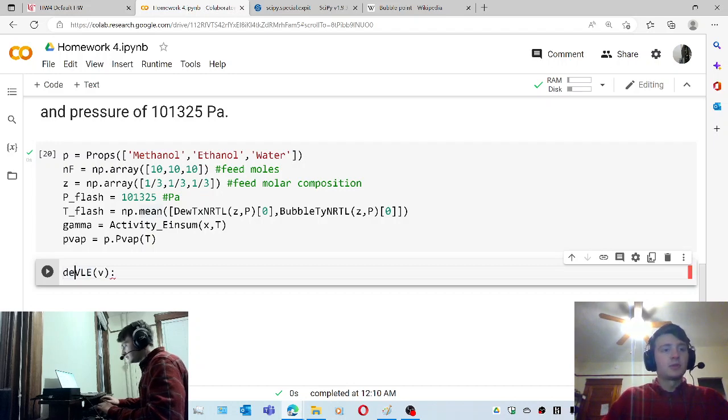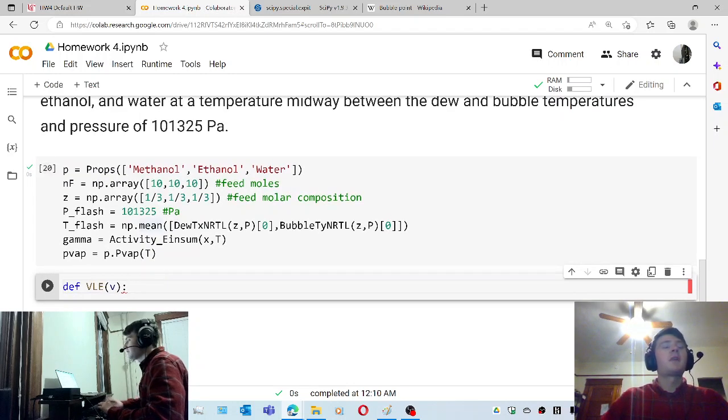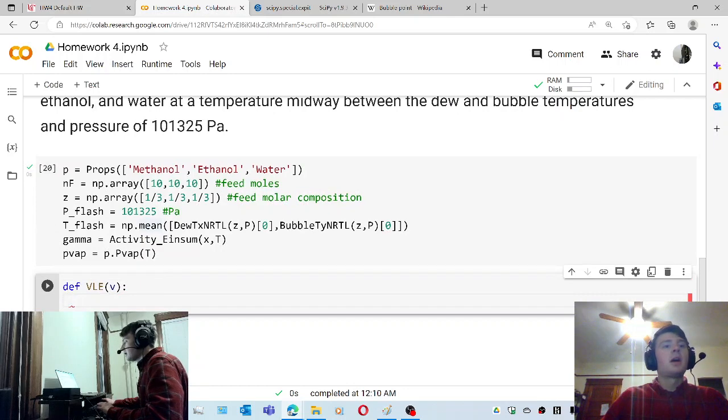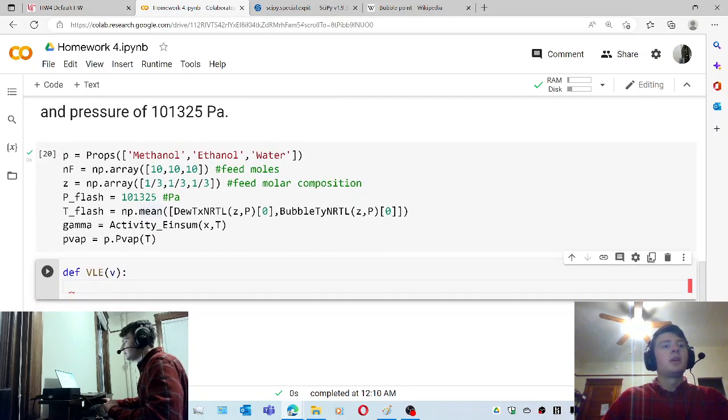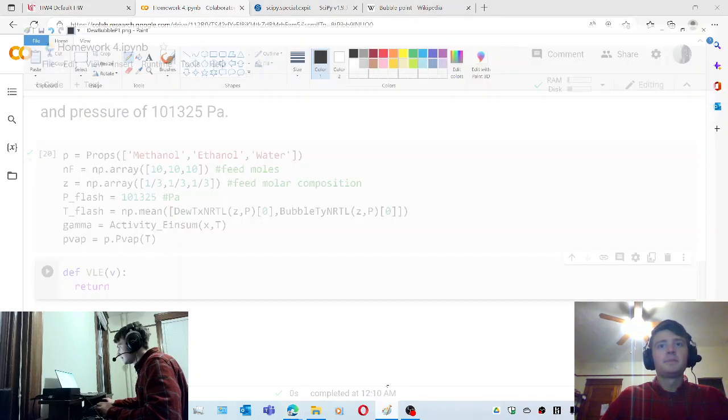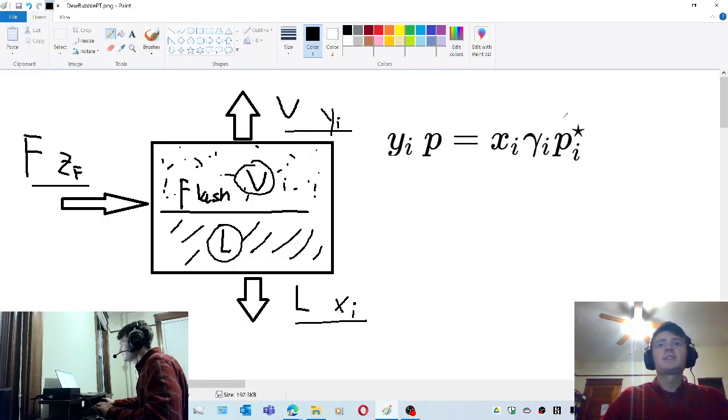And then I need to, of course, define the function. So define vapor-liquid equilibrium. And then what do I want to do? Well, what I want to return is this equation over here, but probably one side minus the other, so that it's all equal to 0, right? So I could go ahead and type that out.